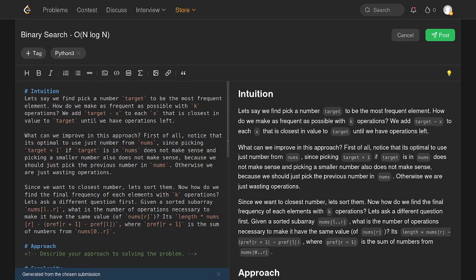Okay, and then it's the length times nums[R] and so on.